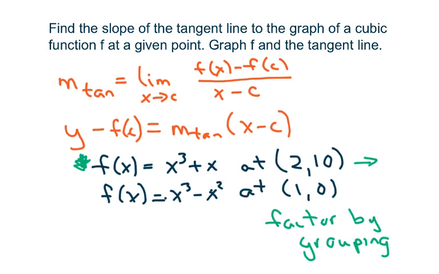Okay, so basically we're doing the same thing. I recommend you watch the quadratic functions first when you're trying to find the slope of the tangent line, and then watch this one. We have the same slope formula here, and we're going to put it in point slope form and find the equation of the tangent line.